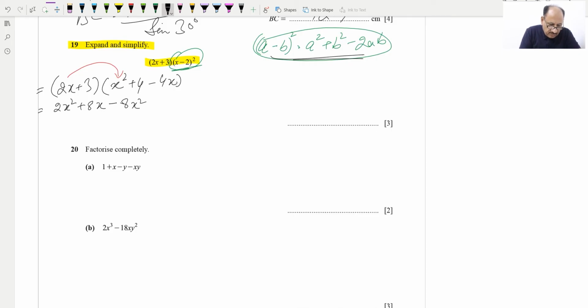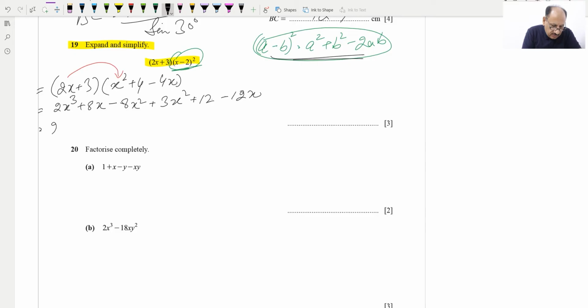Then multiplying 3 with x square will give us plus 3x square, 3 with 4 will be plus 12, then 3 with minus 4x will be minus 12x. Further we can add the like terms, so this will be 2x cube, basically 2x into x square will be 2x cube.